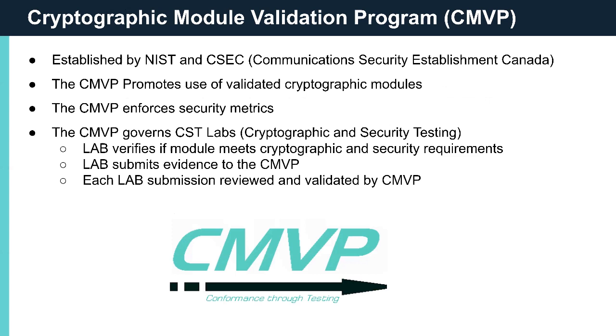They enforce security metrics, and they also govern third-party labs called CST labs, cryptographic and security testing labs, where each lab takes the responsibility to verify a module. If a module meets a certain set of requirements, they coordinate with the CMVP during the validation process, and each lab reviews the submission from vendors, submits to the CMVP, and helps coordinate the certificate.